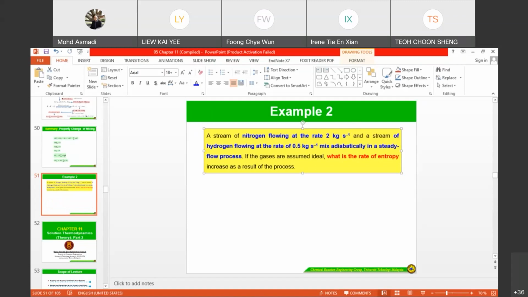So how to get the molar flow? Anyone? This one is mass flow. Nurul Ain, what is the formula to get the molar flow? Nurul Ain Azhar. Are you there?